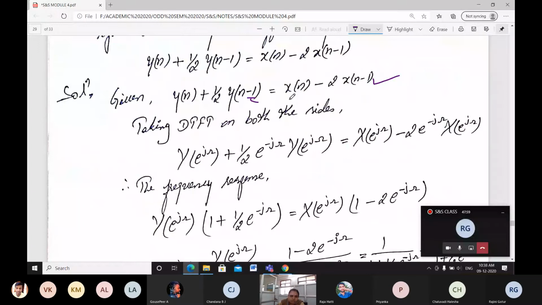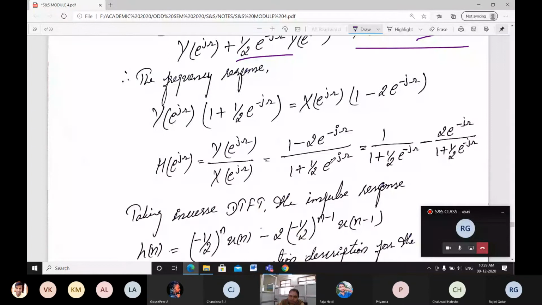And what is the impulse response? H of e raised to j omega is going to be Y of e raised to j omega divided by X of e raised to j omega, output to input, that is 1 minus 2 e raised to minus j omega divided by 1 plus 1 by 2 e raised to minus j omega. I can write this as 1 divided by 1 plus 1 by 2 e raised to minus j omega, then minus 2 e raised to minus j omega divided by 1 plus 1 by 2 e raised to minus j omega.